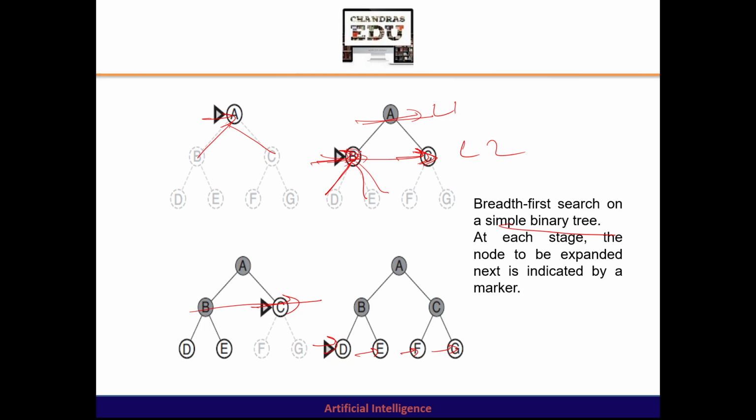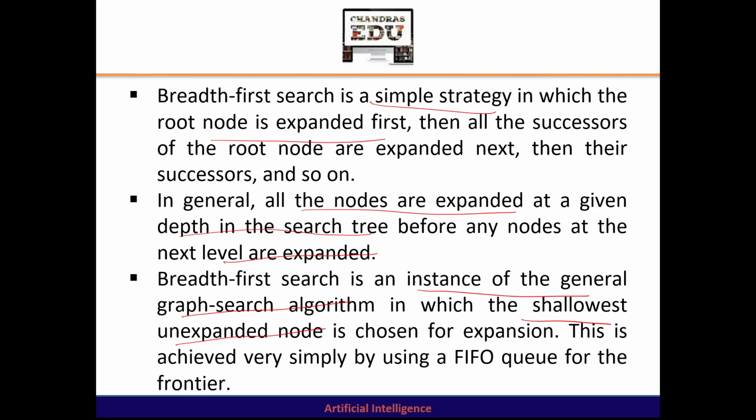As B is covered, it will check whether any other node is present in the same level. We have C in that shallowest depth itself, so C will be covered next. Whatever unexpanded nodes in the shallow level are not covered will be expanded first, and after covering all those elements in that level, it will explore the next level elements.